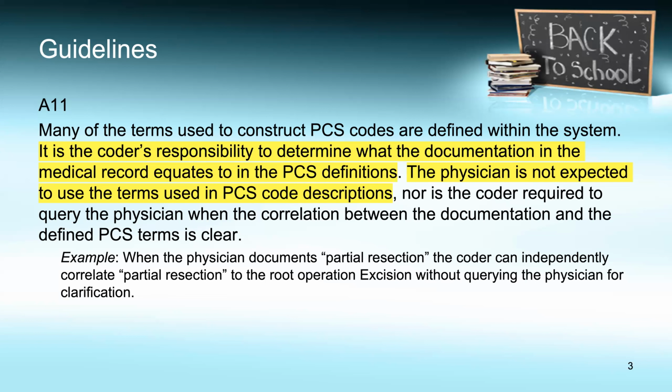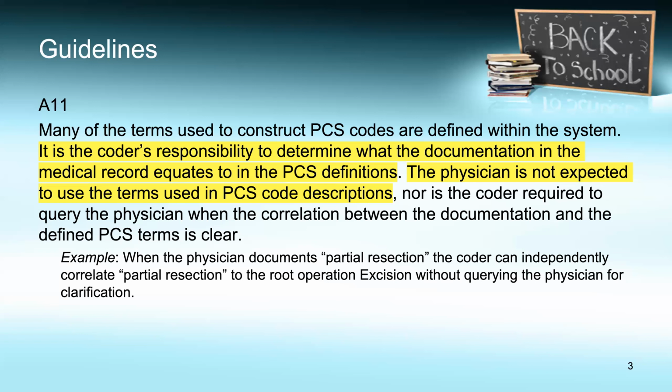As a reminder, the guidelines are always listed in the front of your code book. So you should have a section that's titled the ICD-10-PCS Official Guidelines for Coding and Reporting. You can also find these guidelines online if you do a simple internet search, if you would like to have, say, a PDF version of the guidelines versus what is available in the front of your book.